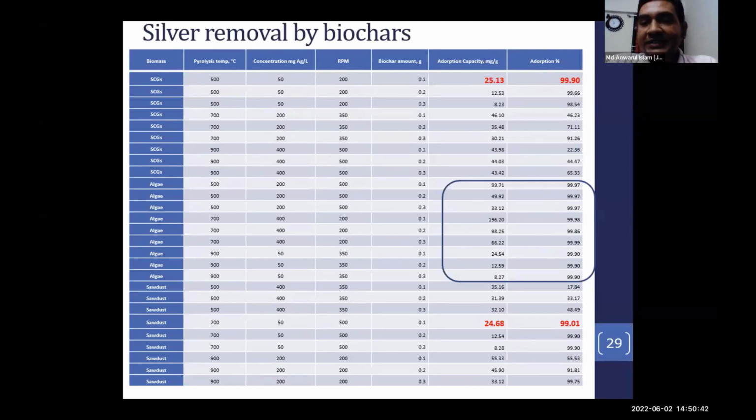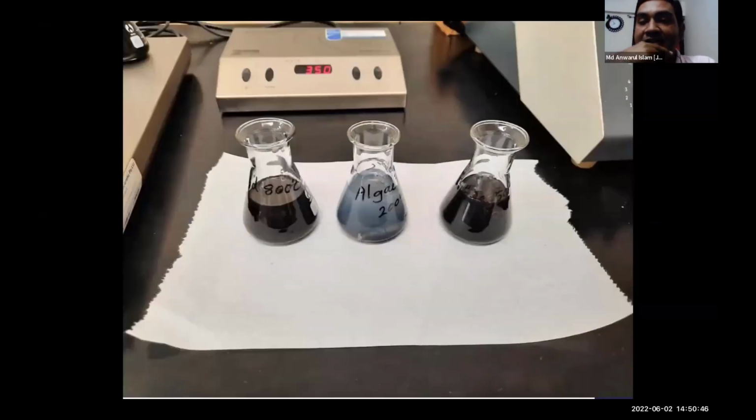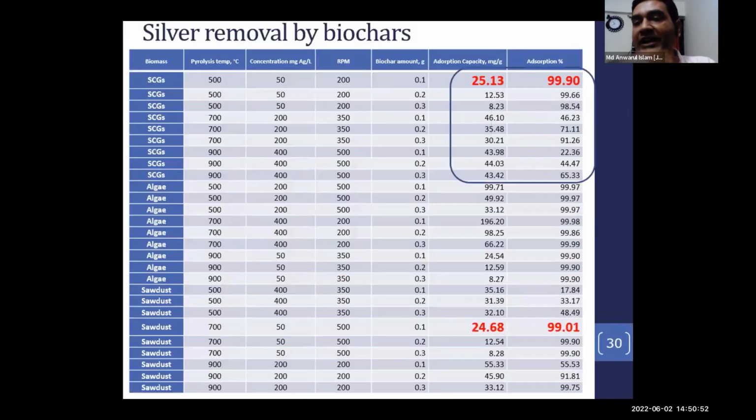But the problem was the precipitation. As you can see from the middle picture, when I added biochar to the solution, it produced a white residue and white precipitation. So we can't distinguish between the precipitation effect and the adsorption effect.